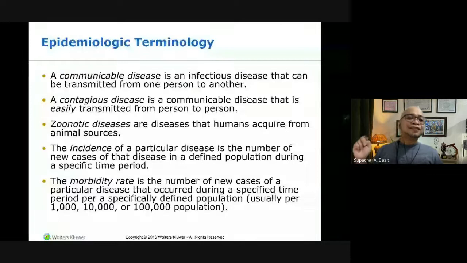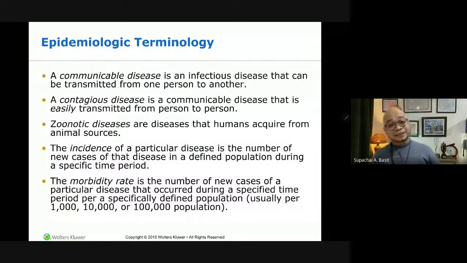So these are the different terms that many epidemiologists are using. The first one is called communicable disease. It is an infectious disease that can be transmitted from one person to another.